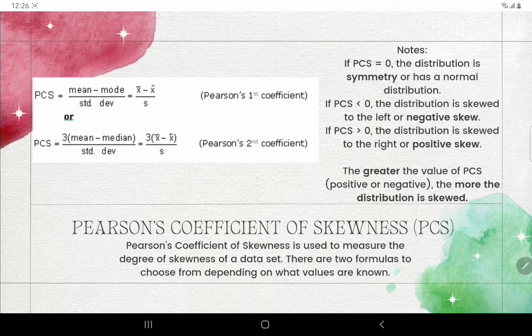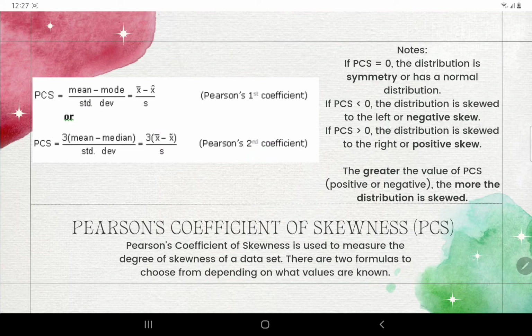If we know the mean, mode and standard deviation, we can use Pearson's first coefficient. If we do not know the mode but know the mean, median and standard deviation, we can use Pearson's second coefficient.